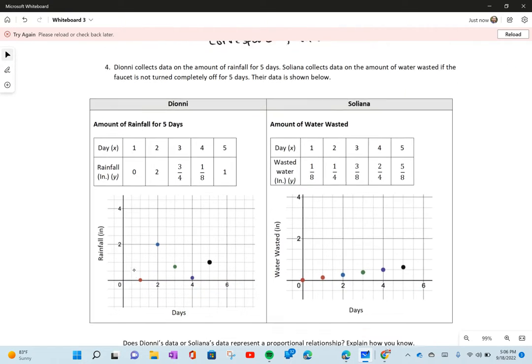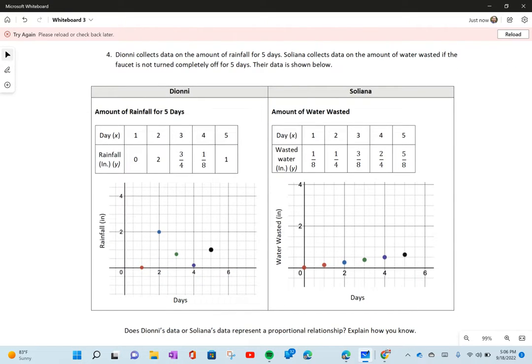Okay, and then we have the last one, which is Diani and Soliana. It looks like one is measuring rainfall in 5 days. The other one is measuring the amount of water wasted.